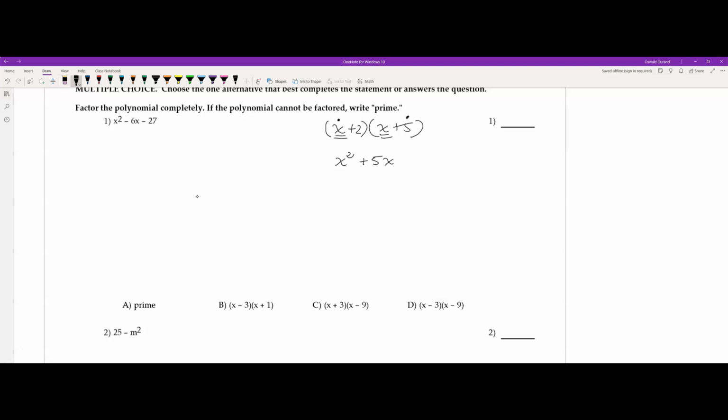Then you multiply the inner term, which is the positive 2 and the x, so it's plus 2x. And then the last term, the positive 2 and positive 5, that's plus 10. Usually the middle terms will combine, and you'll get x squared plus 7x plus 10.